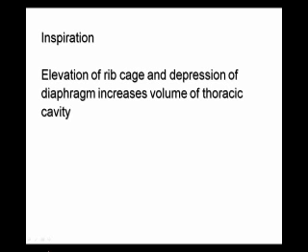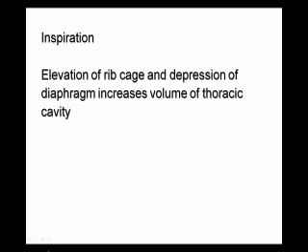Inspiration is, of course, inhaling. This is moving gases into the respiratory system. This occurs because the respiratory center in the medulla is going to send a nerve impulse to the intercostal muscles. These are the muscles between the ribs, and as these intercostal muscles contract, that elevates the rib cage.